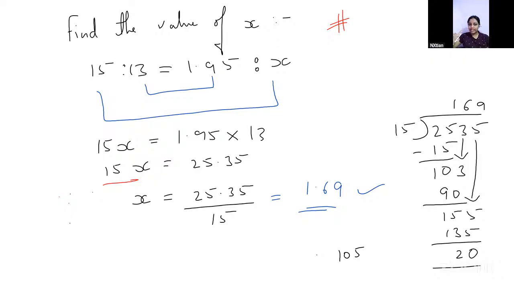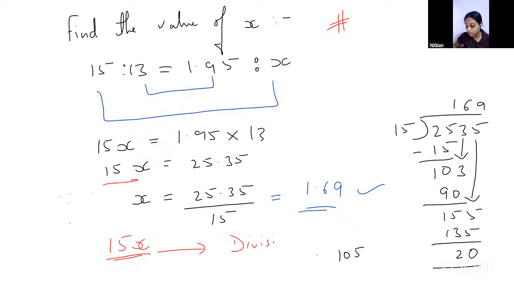Now, the catch here is that when you take a number that is with a variable to the other side, its operation will reverse. Here 15x is in multiplication. When I take it to the other side, it will become division.